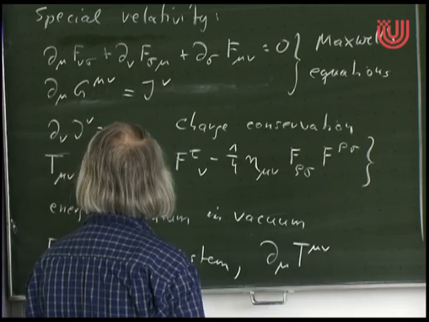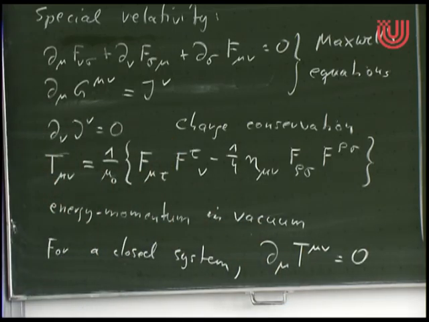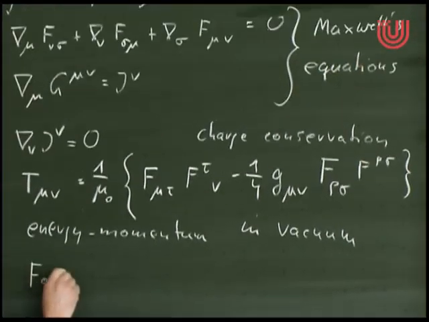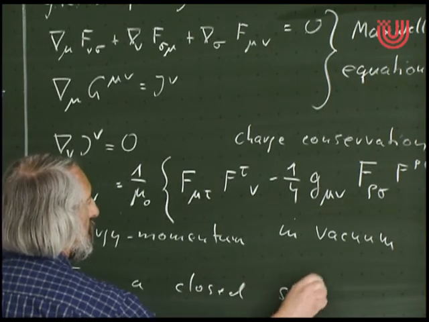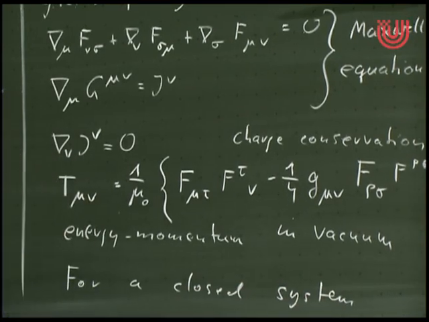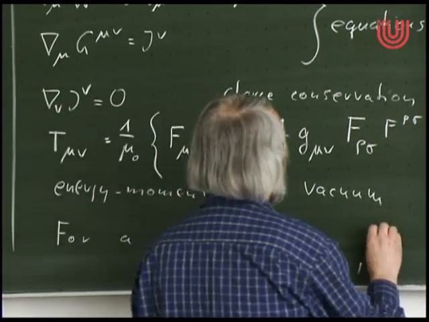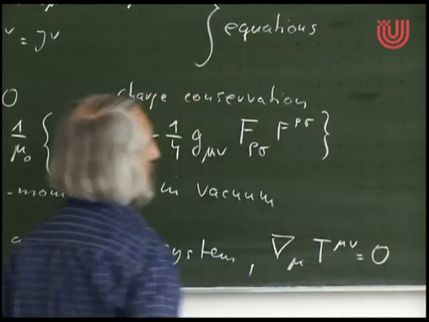Again, raising and lowering indices with the eta in special relativity naturally translate into raising and lowering indices with a g on the general relativistic side. So here we would have for a closed system, well, we had to replace a partial derivative by a covariant derivative. So we would get del mu T mu nu equals 0.